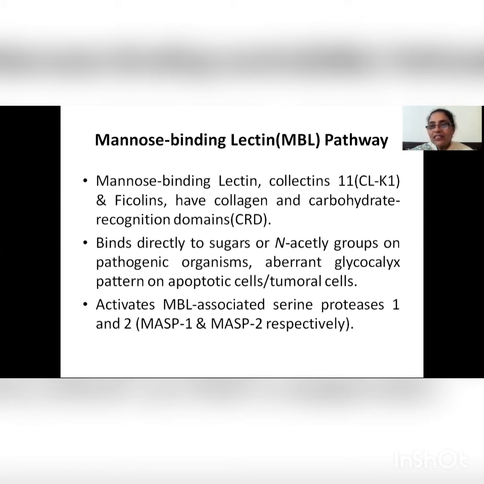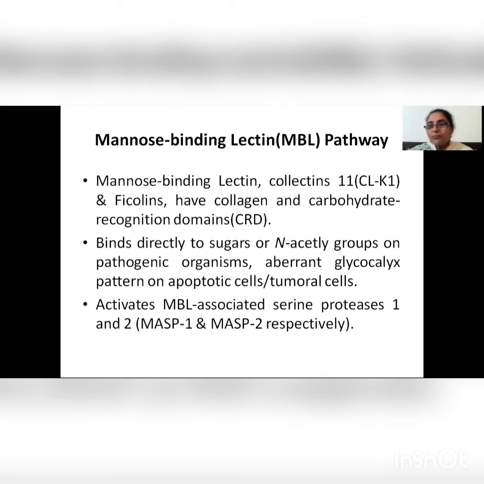They can even recognize abnormal, that is aberrant, glycocalyx patterns on apoptotic cells. These mannose binding lectin molecules can detect those cells also, and they can detect cells which have some abnormal composition, that is, they have become tumoral cells.